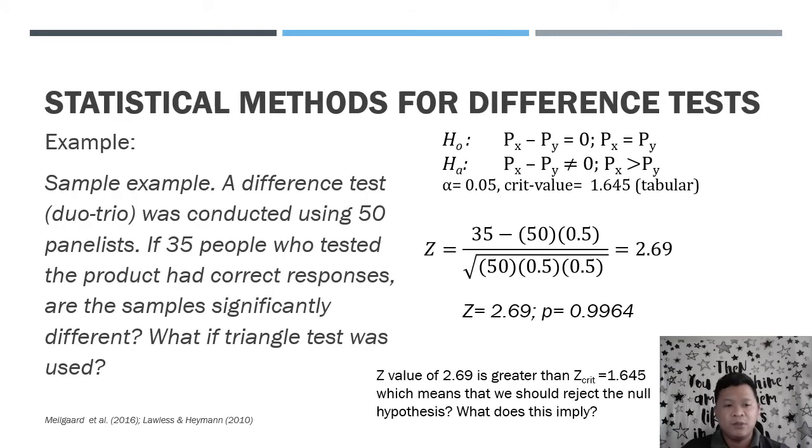In this case, suppose a duo trio test was conducted using 50 panelists and 35 people got the correct responses. We want to know if this is enough to establish a statistically significant difference between the two samples.